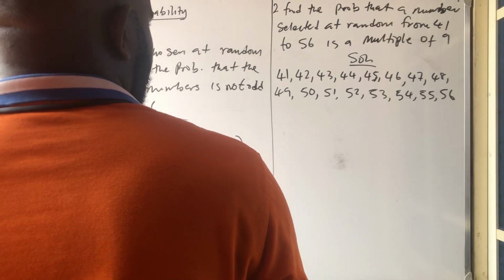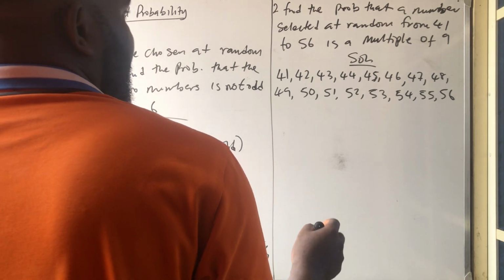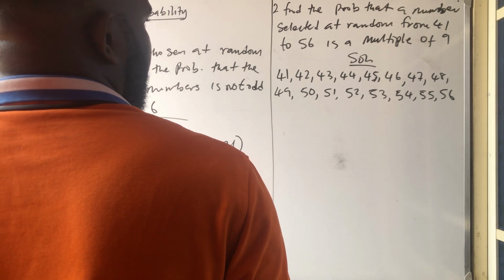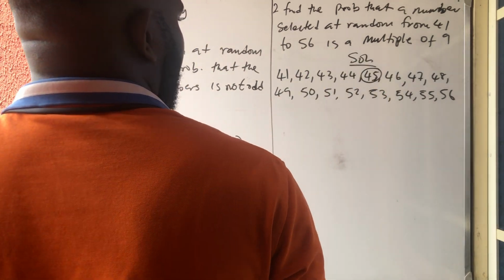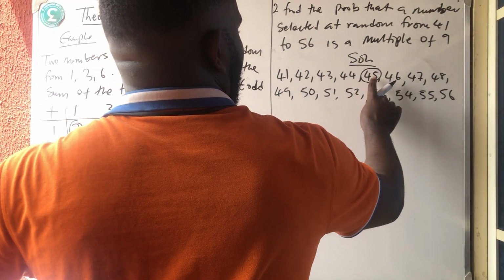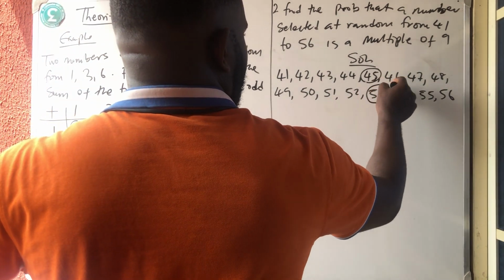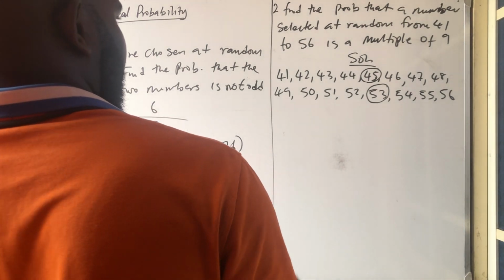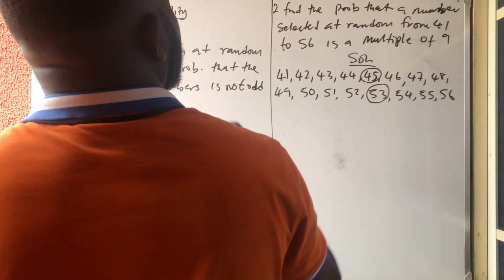Multiples of 9 are 9 times 1, 9 times 2, and so on. 9 times 4 is 36, 9 times 5 is 45, 9 times 6 is 54. That's all, so they are just two numbers here. And how many numbers are there altogether? 1, 2, 3, up to 16.